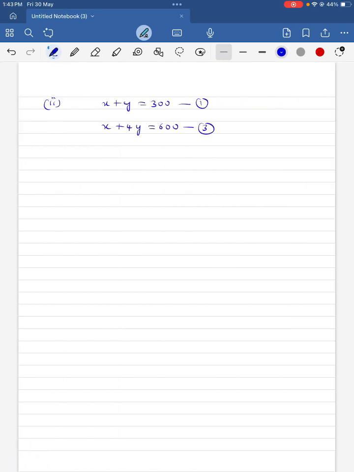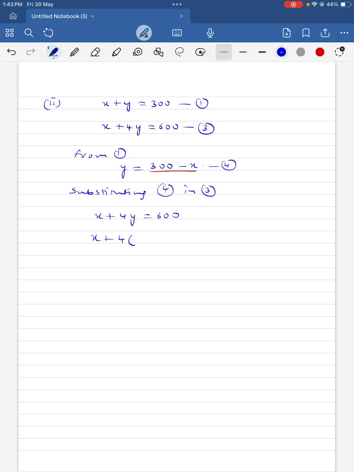Okay, now from the first equation, from 1, I'm going to try and find the value of y, which will be 300 minus x. Now let me substitute this equation 4 in 3. Okay, so 3 was x plus 4y equal to 600. Where there is y in this equation, I'm going to replace y with 300 minus x.